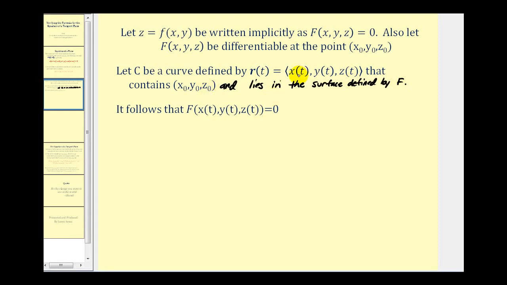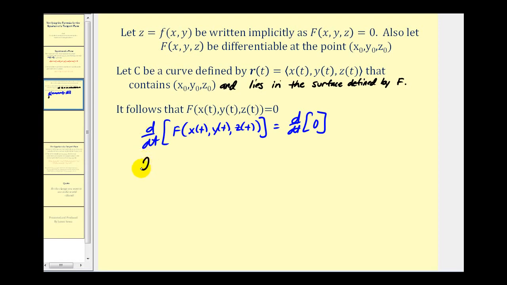So if this curve lies on the surface, that means if we substitute x of t, y of t, and z of t into big F, it would have to satisfy the equation and therefore equal 0. And now we're going to differentiate this with respect to t. Now to differentiate the left side, we're going to have to apply the chain rule.